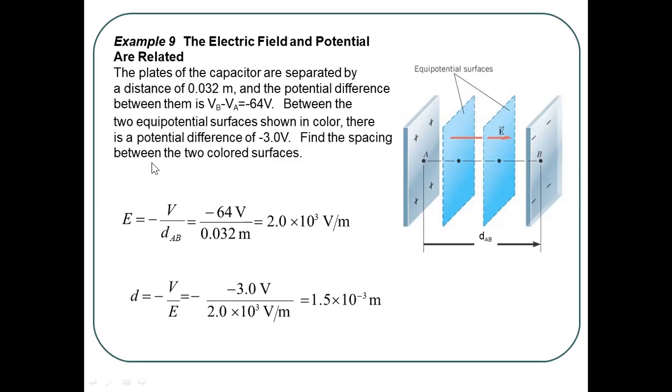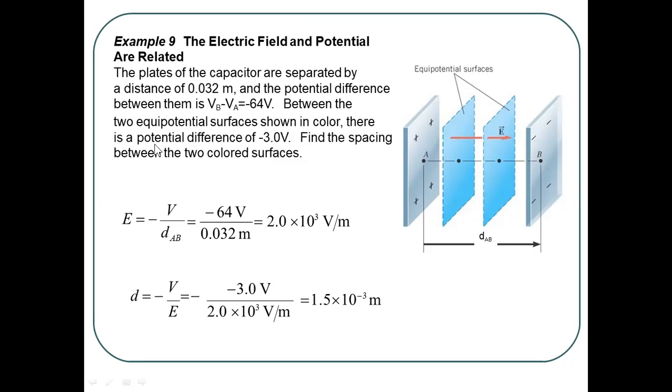Now, find the spacing between the two colored surfaces. If we're going to find the space between these two lighter blue surfaces, we're going to solve it through this one.